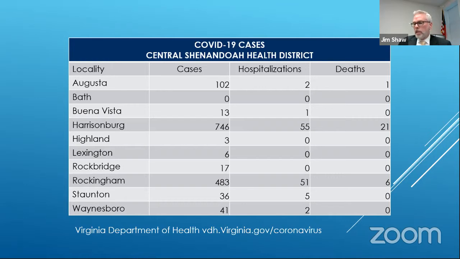Of the 250 tests, there were 7 positive tests. 2 of those were residents of Waynesboro. Only 1 of the 7 reported that they exhibited any of the COVID-19 symptoms. So the other 6 that tested positive were asymptomatic. That's a little less than 3% positivity rate, about 2.8%.